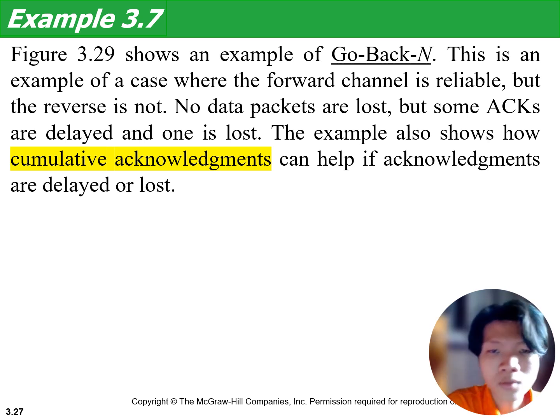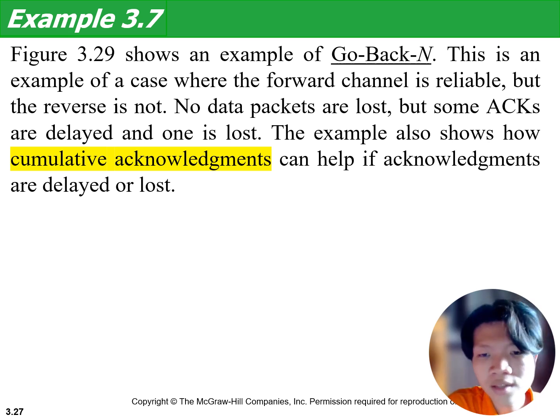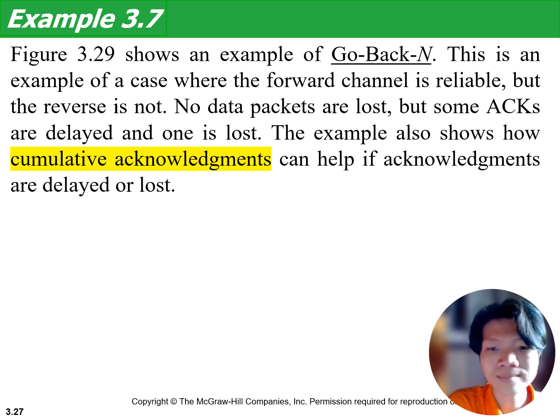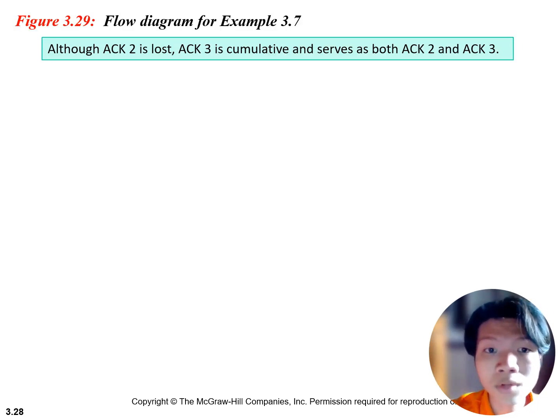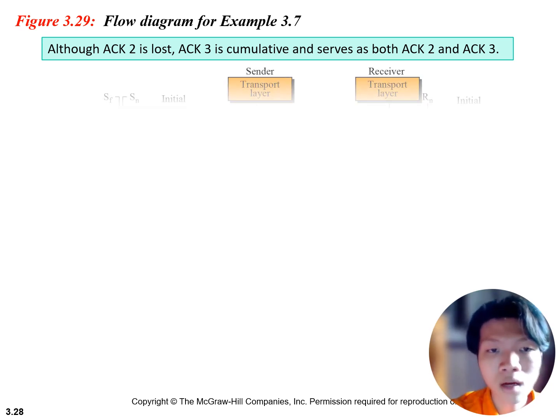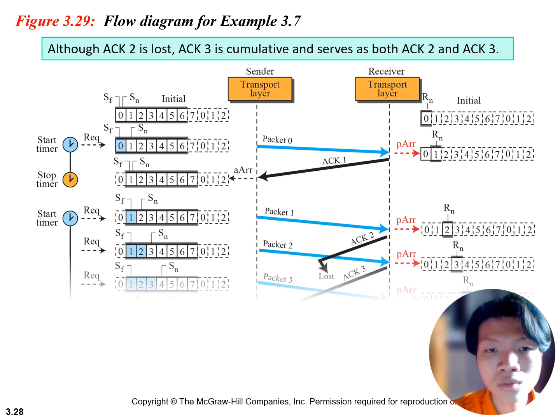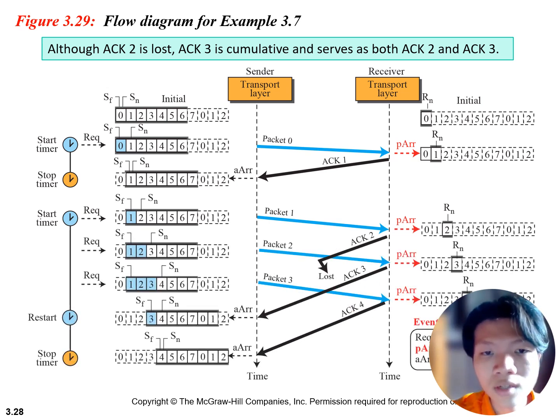The example also shows how cumulative acknowledgements can help if acknowledgements are delayed or lost. This is the flow diagram for example 3.7. Although acknowledgement 2 is lost, acknowledgement 3 is cumulative and serves as both acknowledgement 2 and acknowledgement 3.